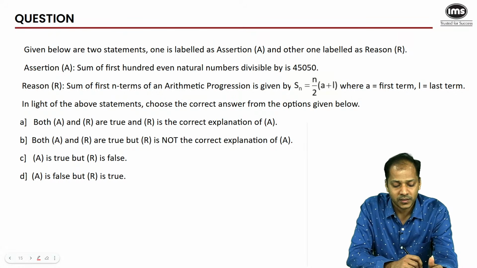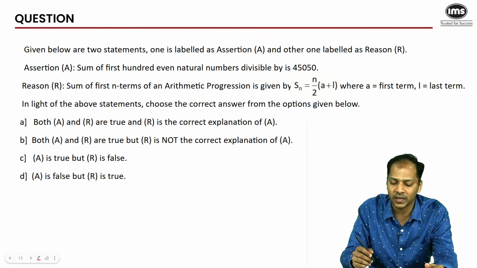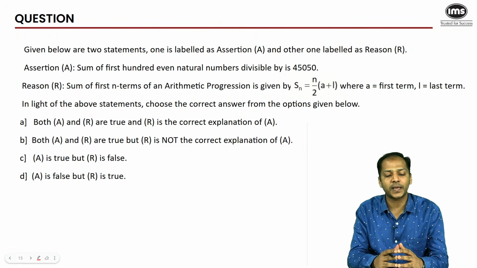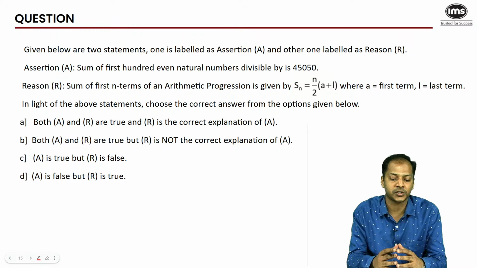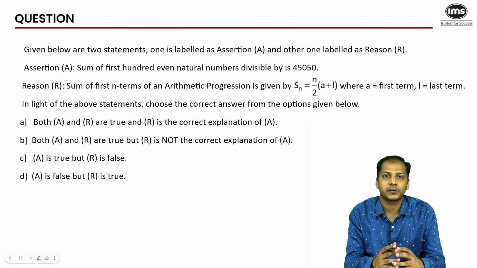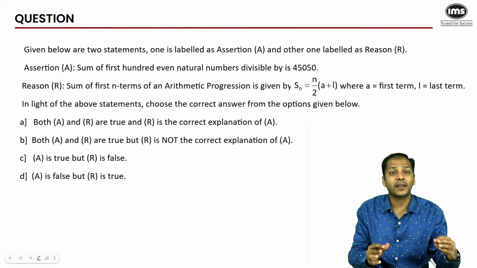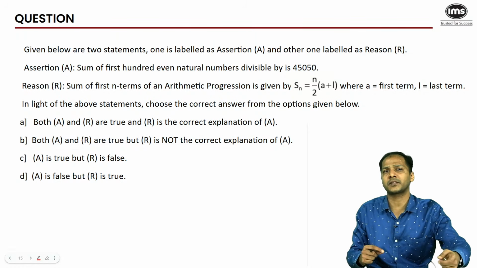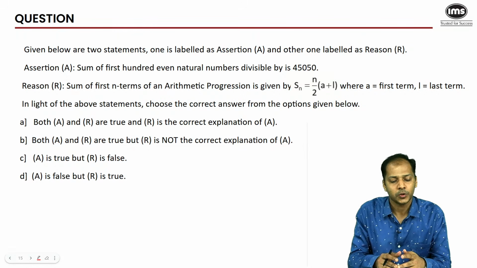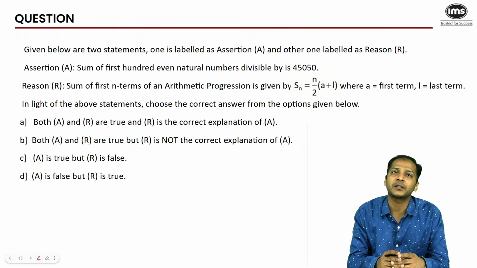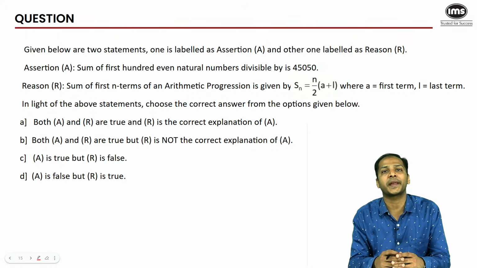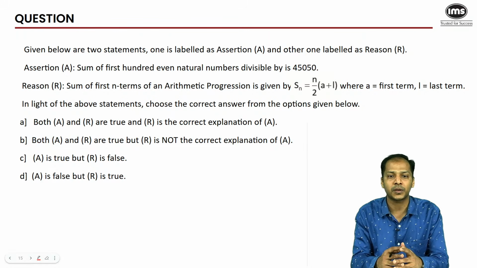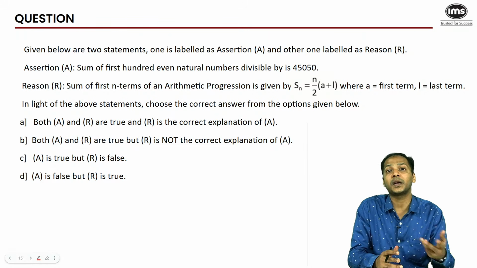What we have next is an assertion reasoning question. You've been given a question, and in that question you've been given two statements. One is called assertion, one is called reason. So assertion would be a statement and reason sometimes would be the correct reason for what the assertion is given to be. So read the assertion, read the reason, identify whether both of them are correct, identify whether the reason is the correct reason for the assertion to happen, or if maybe it is an independently true statement.